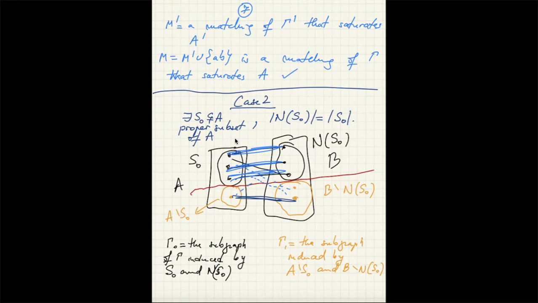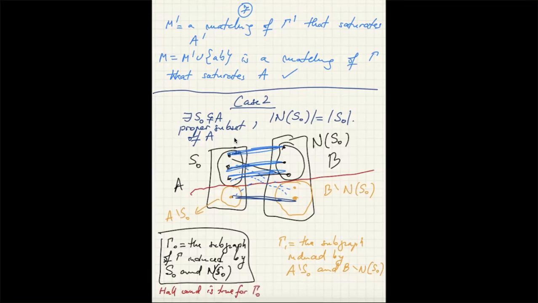Now, one part is relatively easy, because we have gamma 0 here, and if you have any vertex inside S0, its neighbors are going to be contained in the neighborhood NS0. So it's relatively easy to show that Hall's condition is true for the graph gamma 0.